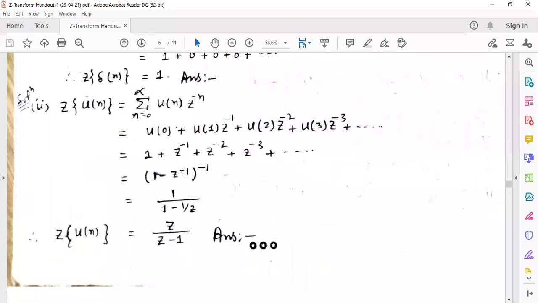Actually, that formula is used here: 1 minus z to the power minus 1 whole to the power minus 1. Something to the power minus 1 means 1 upon that, so 1 upon z to the power minus 1 means 1 by z. So after calculation, this z will come into the numerator and it is z minus 1 in the denominator.